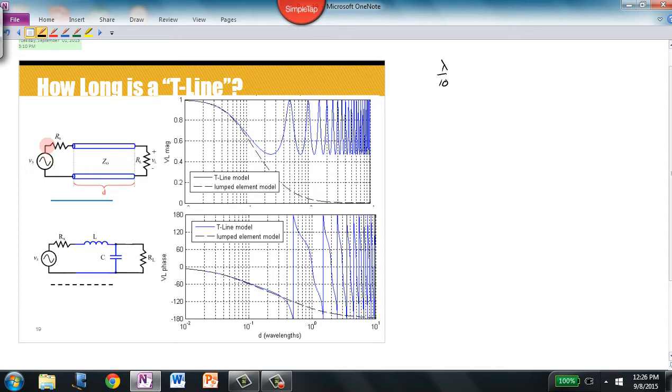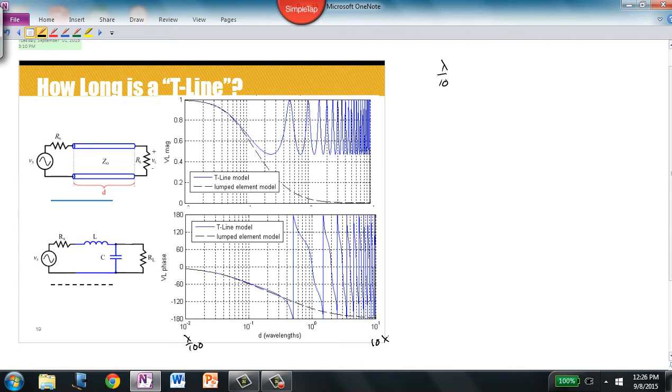And then we've plotted the same source and same load, load voltage magnitude and phase, but if we use a transmission line model of length d instead. And what I've done is I've calculated load voltage for a lot of different values of d. In fact, I've let d go from lambda over 100 all the way up to 10 lambda.